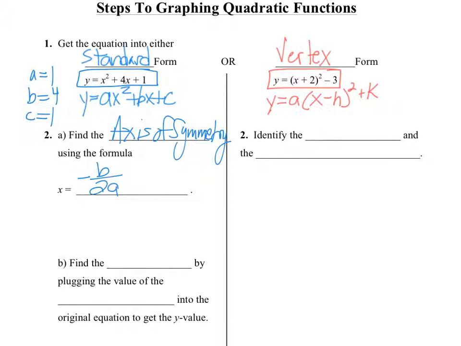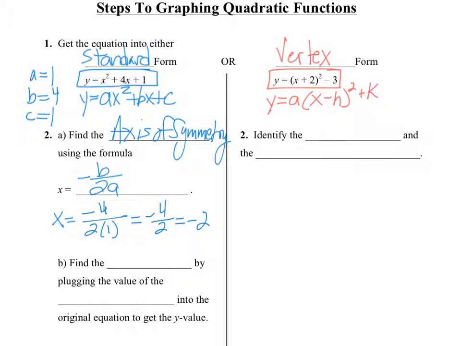For our example, we've already identified that b is a 4 and a is 1. So we're going to take the opposite of b and divide by 2 times 1, which evaluates to negative 4 over 2, which simplifies to negative 2. x equals negative 2 is what's called the axis of symmetry.